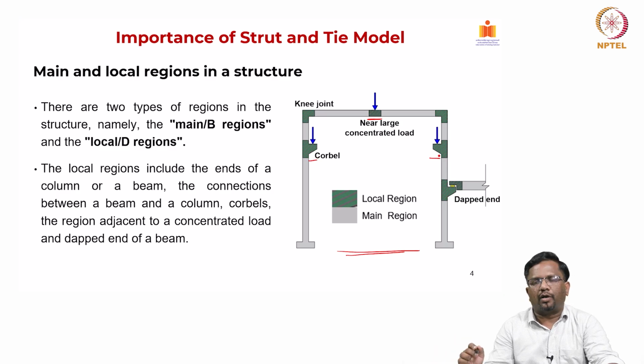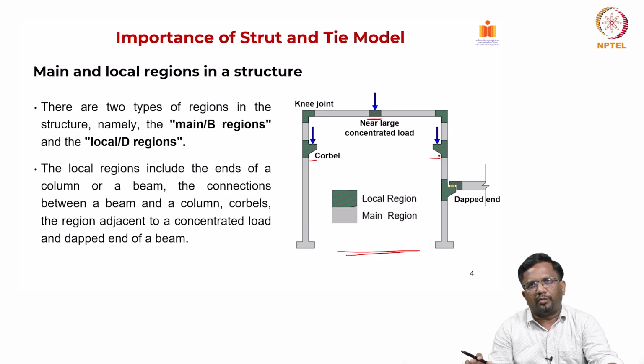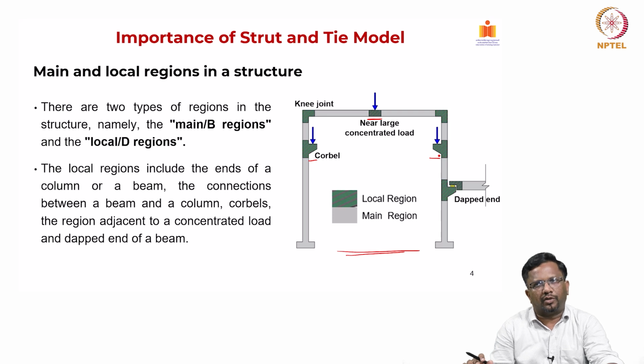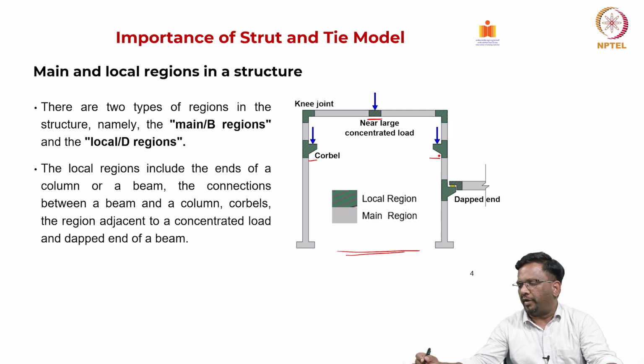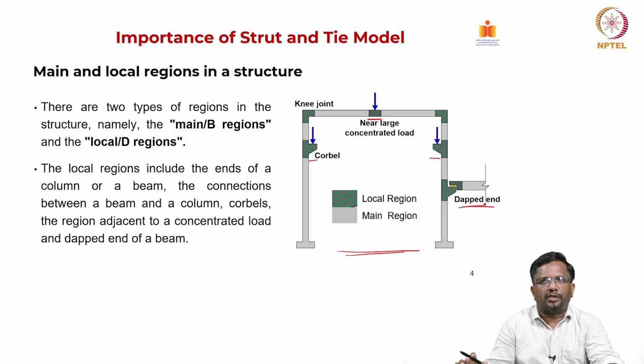In an industrial structure, a portal frame will have a corbel through which the gantry crane will run, and that will induce a concentrated load. Then, when you have a dapped-end connection, again the reaction puts stress concentrations, creating local or disturbed regions.